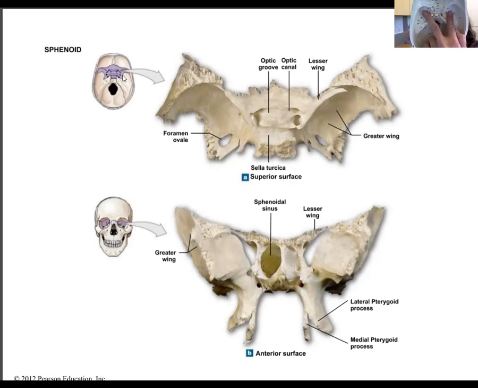This structure, all this back here, is your greater wing. This indentation right here is your sella turcica. These two holes right here are called your optic canals. And the bridge between those optic canals is called your optic groove.